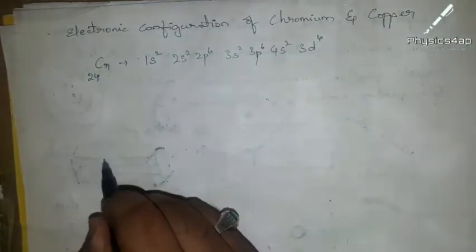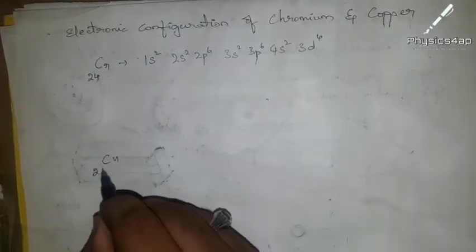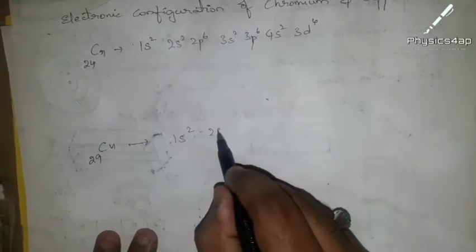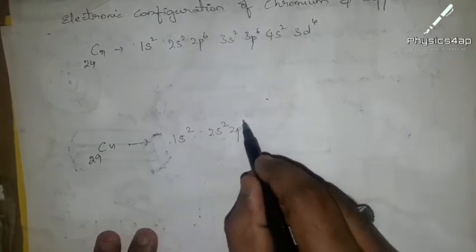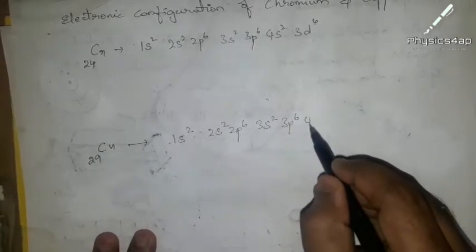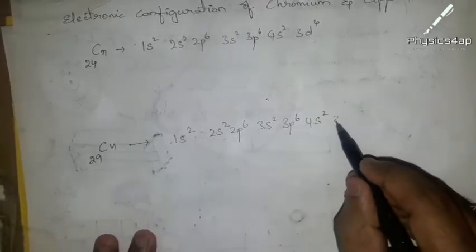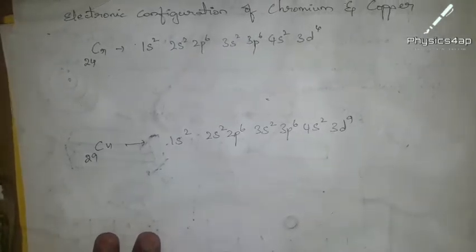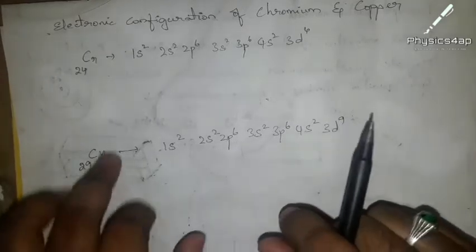And at the same time for copper, Cu, the atomic number is 29. So when we write the electronic configuration, 1s2, 2s2, 2p6, 3s2, 3p6, 4s2, 3d9. This is the electronic configuration for copper and chromium.